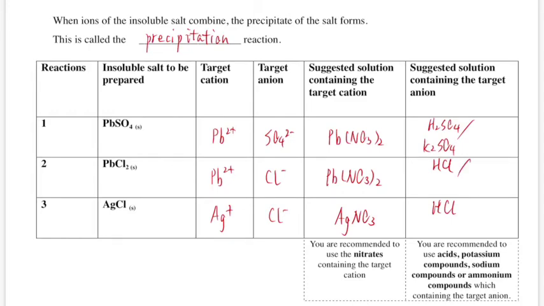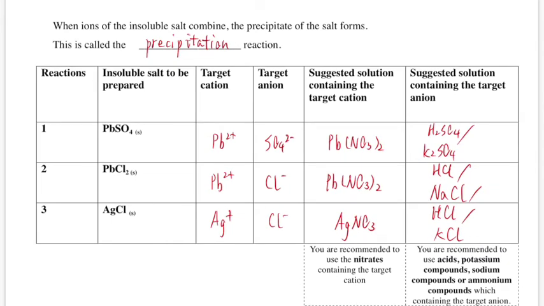And for the other one, maybe sodium chloride, or potassium chloride. Again, that's just some of the possible solutions. I'm not going to list out all of them. When you suggest a solution, try to provide common ones, so it's easy to obtain the materials to prepare the salt.